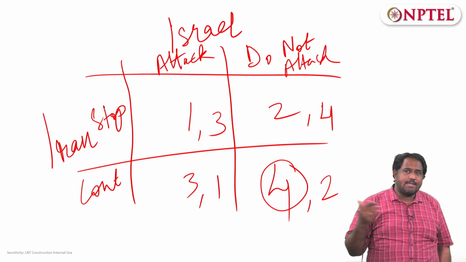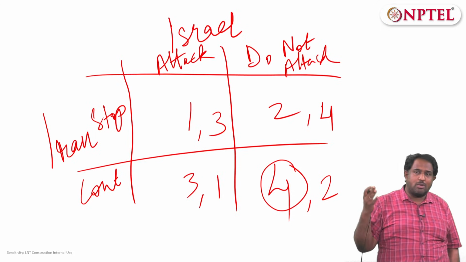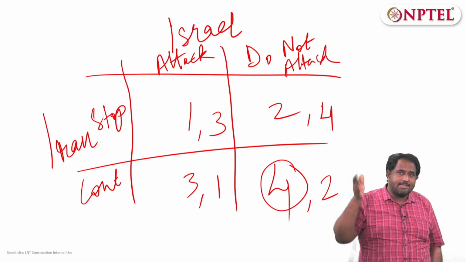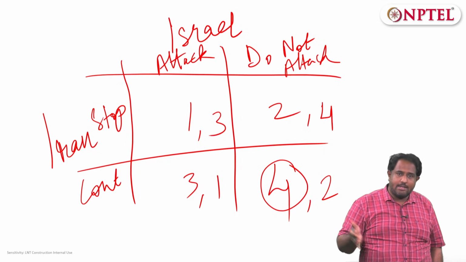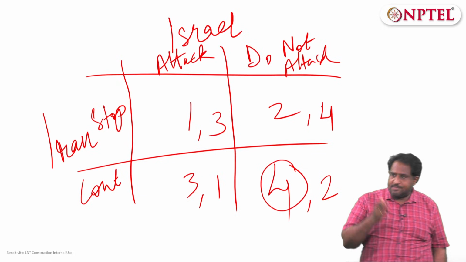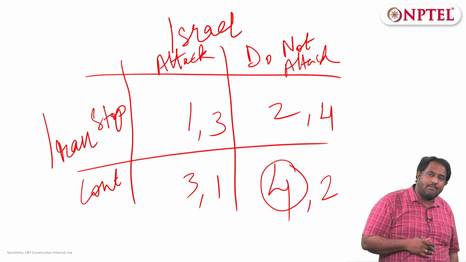If Israel doesn't attack and makes Iran stop its nuclear weapons program, it has a weightage of 4. Again, the right hand column reflects Israel's payoffs, cardinal numbers. The left hand side reflects Iran's payoffs, right? That is the cardinal weights that we have assigned.